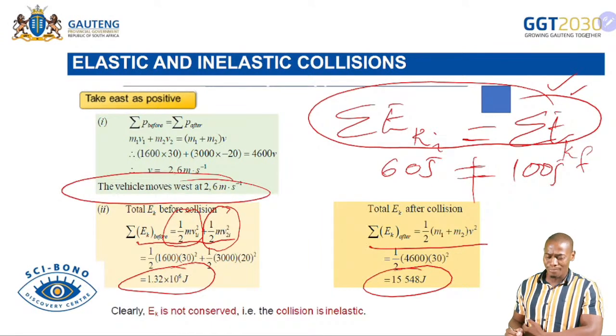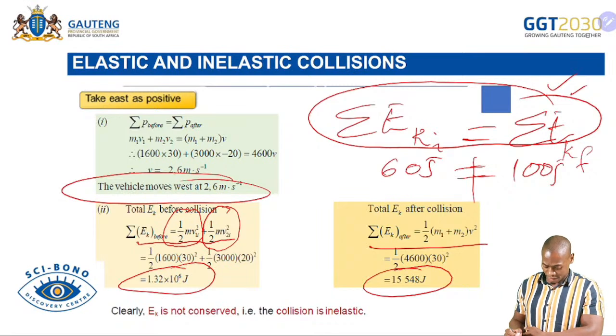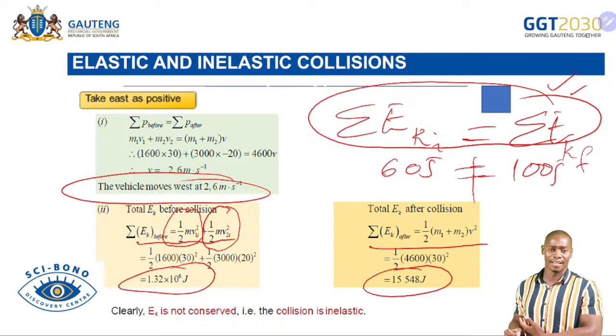In most cases, when learners substitute in this equation, they forget to put the square. Some learners would just say half times 1630 and forget the square. Please, learners, be careful. Most learners lose marks, especially when using this equation. They copy the equation correctly from the formula sheet, but when it comes to substitution, they always forget the square.